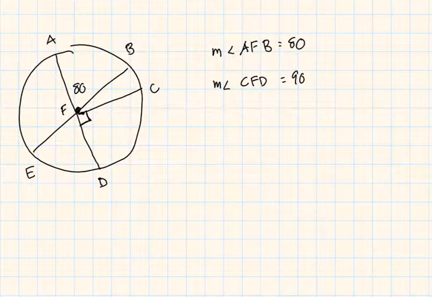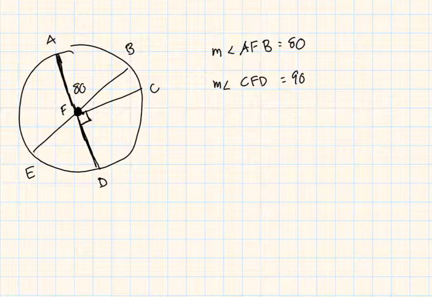If I have a chord that passes through the center, that means that is a diameter. So it does chop the circle in half, which creates 2 semicircles that are worth 180 degrees. So that gives us some additional information here.